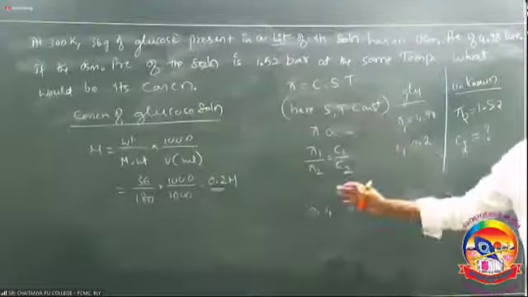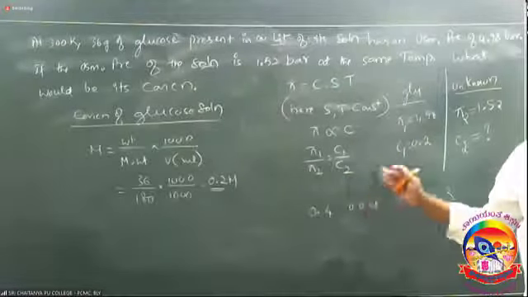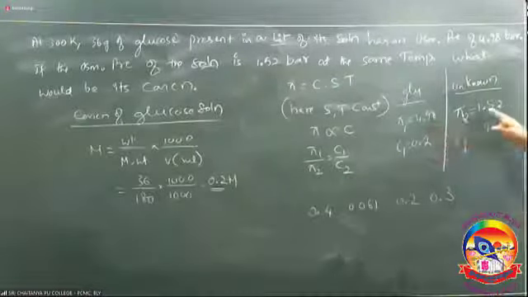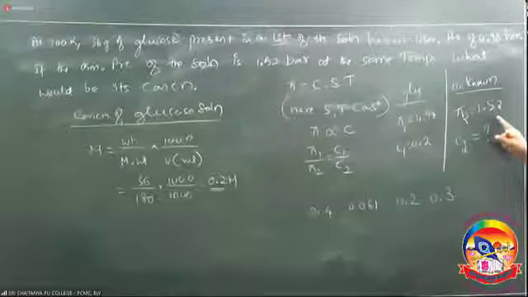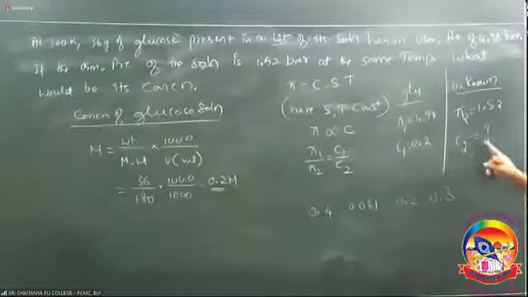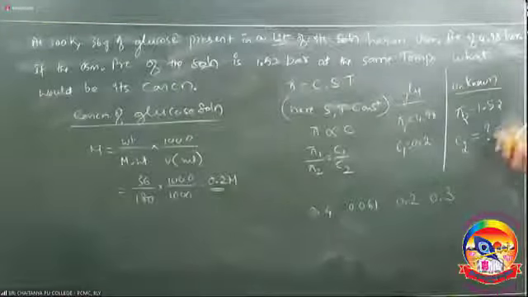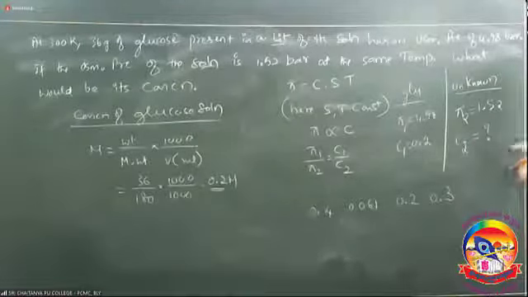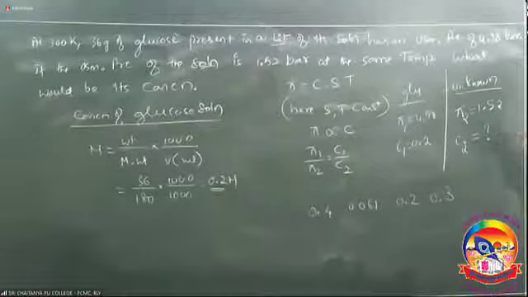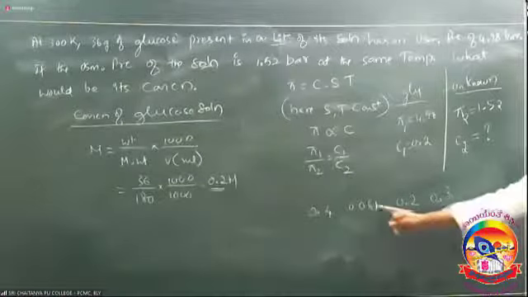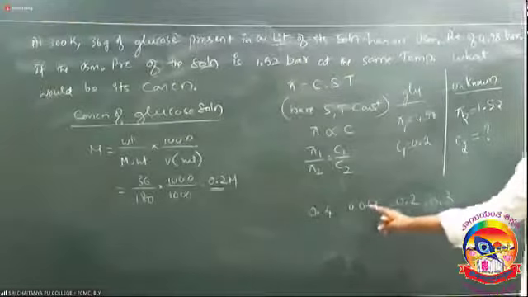Less the osmotic pressure, less the concentration. Now osmotic pressure is lowered, so the concentration must also be lowered. It should be less than 0.2. How many options are available? Only one option is available, so it is the answer.